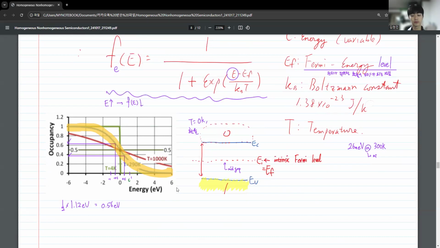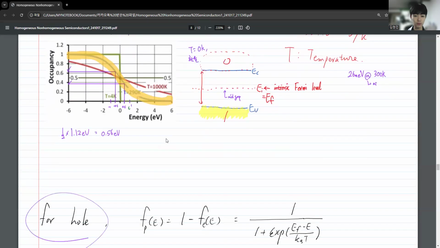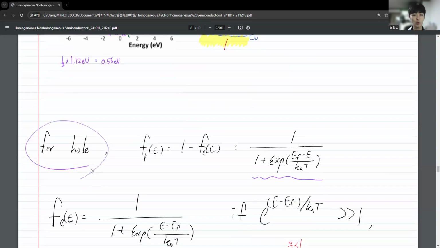Here the occupancy is one, and here it is zero. For holes, the Fermi-Dirac distribution is one minus the electron Fermi-Dirac distribution.